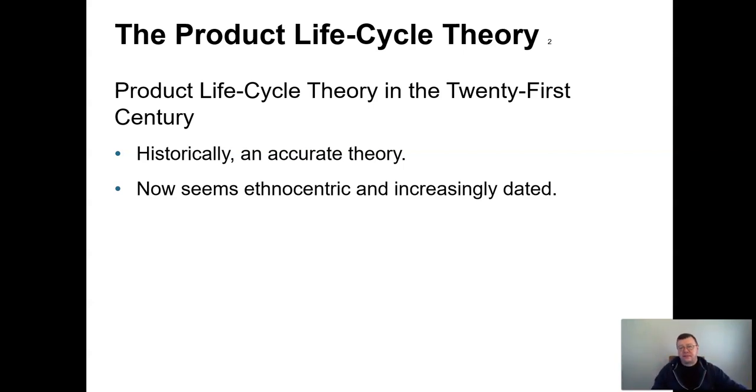So products tend to be produced elsewhere. A lot of products are innovated and developed in other countries. So yeah, it seems increasingly ethnocentric and dated to talk about product life cycle as a viable theory.